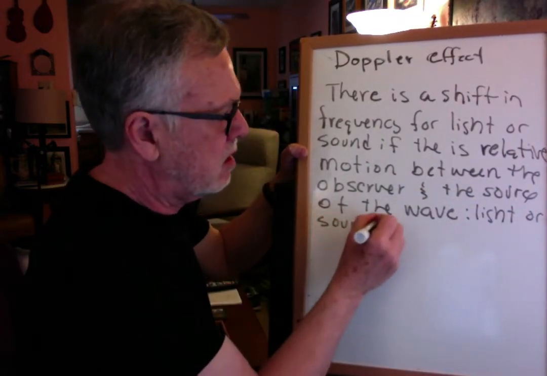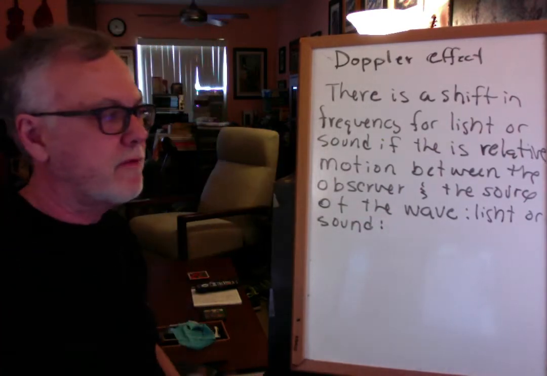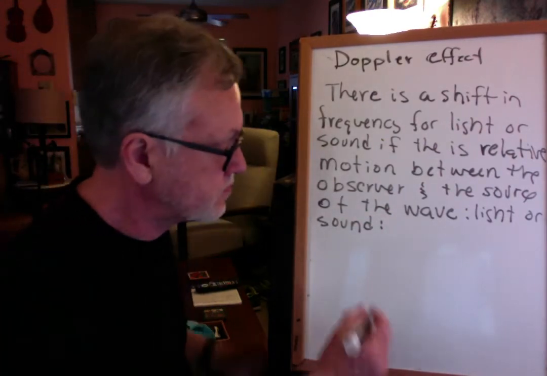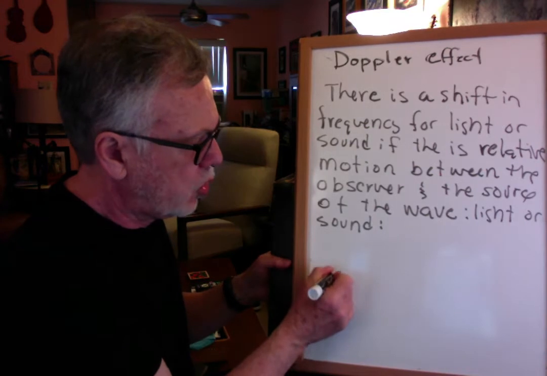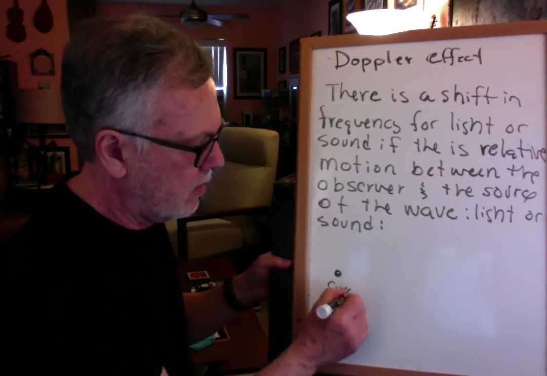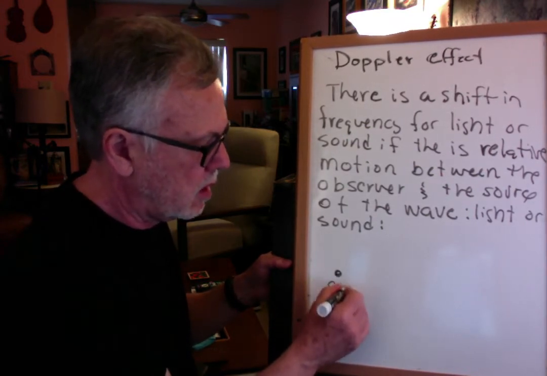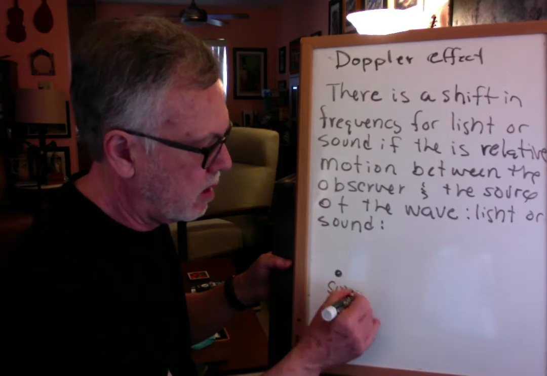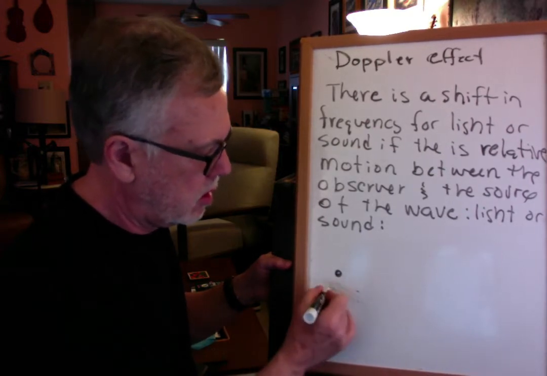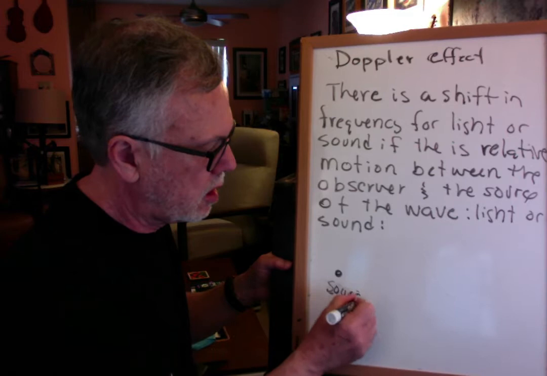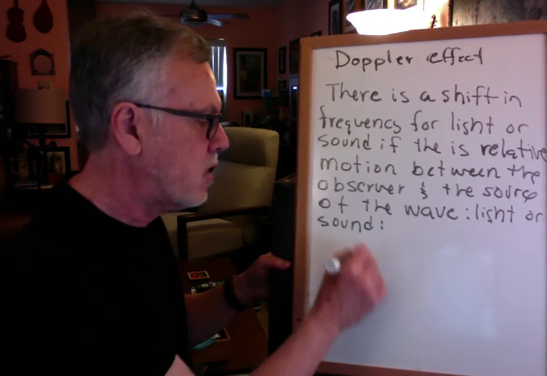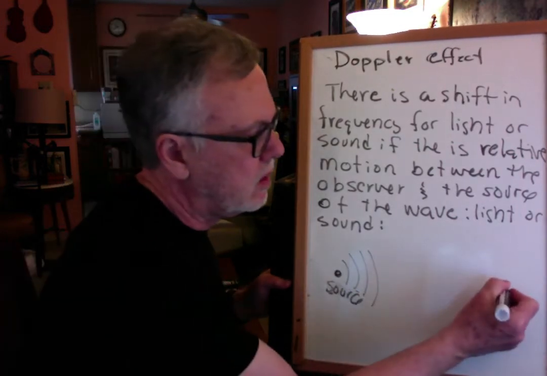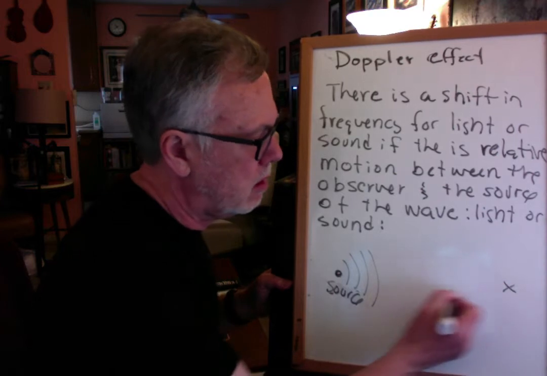And so let's discuss this. First off, let's talk about relative motion. If there's a source right here of some type of wave, here's the source right here. So waves are coming through, and the observer is right here.